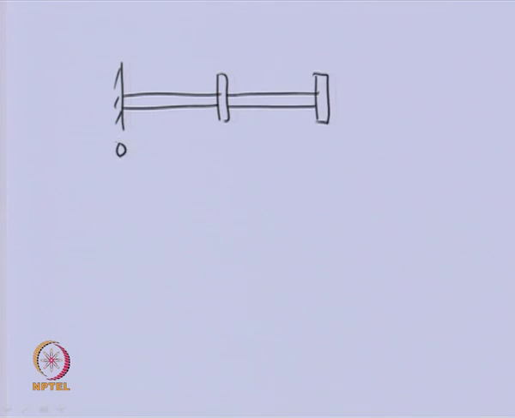So let us see, if we have two disks, this can be station 0, station 1, station 2. You can see that we need to relate the state vector right of 2 to the state vector at station 0, because there is no disk there.